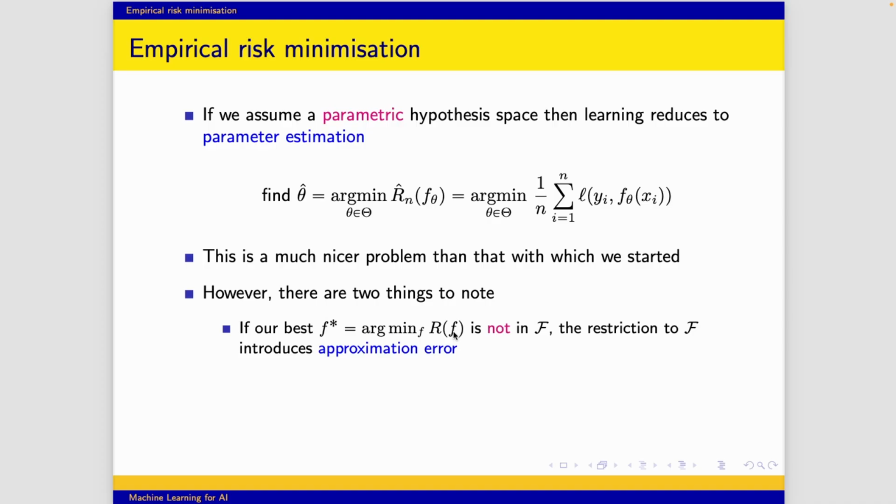Well, we're going to have a huge error, and that error is approximation error. More fundamentally, how do we justify using this empirical risk to estimate the true risk? And that's something we will come to much later on. But I will end here by saying one thing.